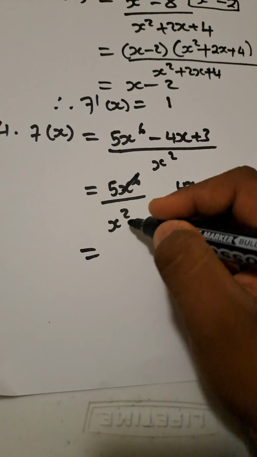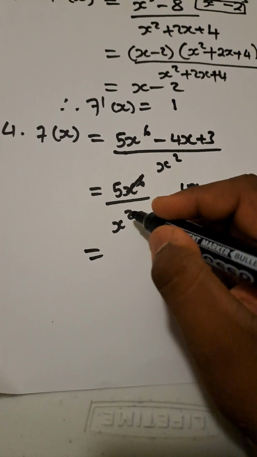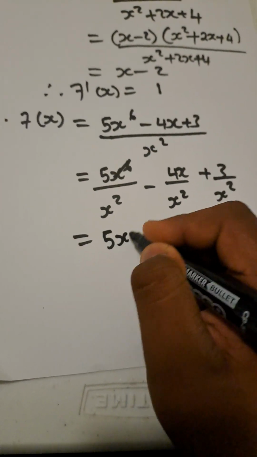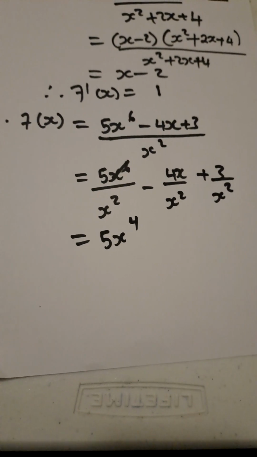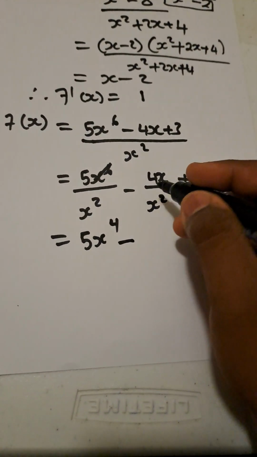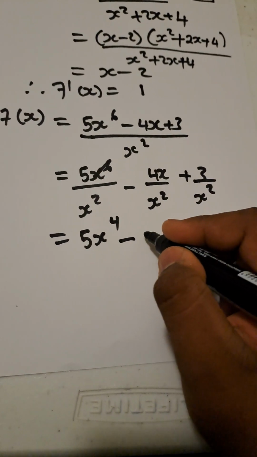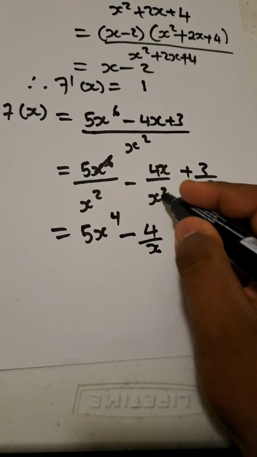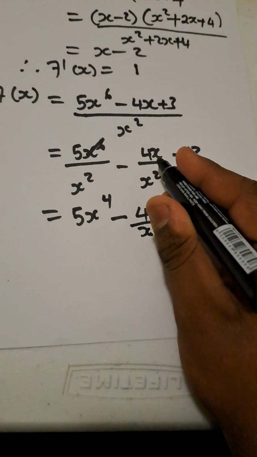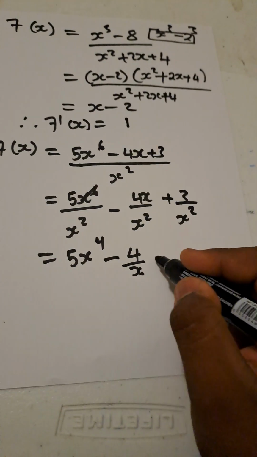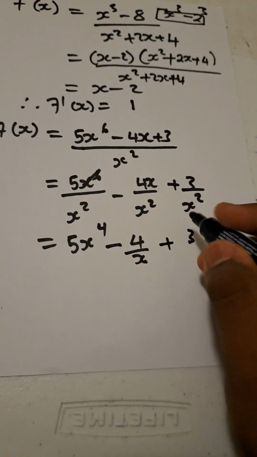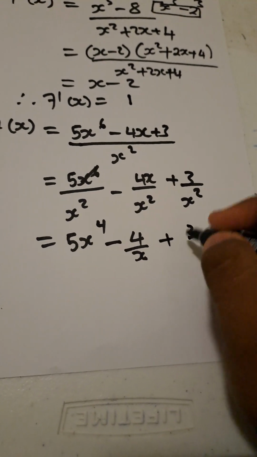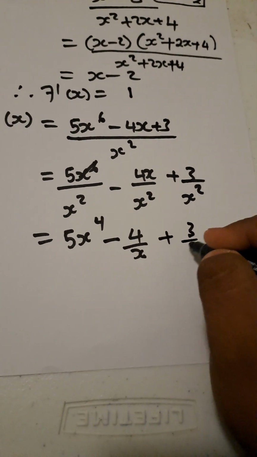x to the power of 6 minus 2 is going to be 5x^4, by the laws of exponents. Then minus 4x over x squared: x will cancel x, and I'm left with 4 over x, because I'm left with 1x in the denominator. Plus 3 over x squared.